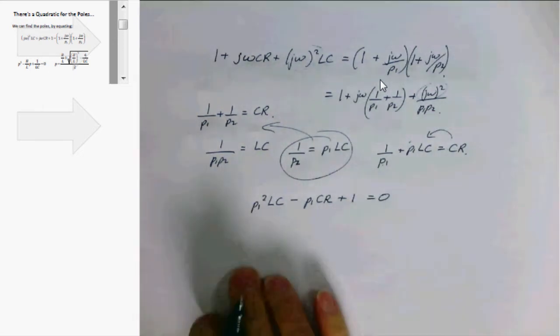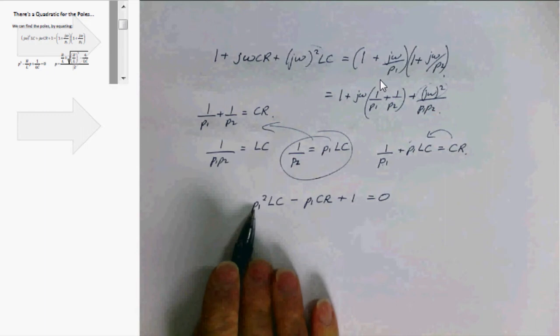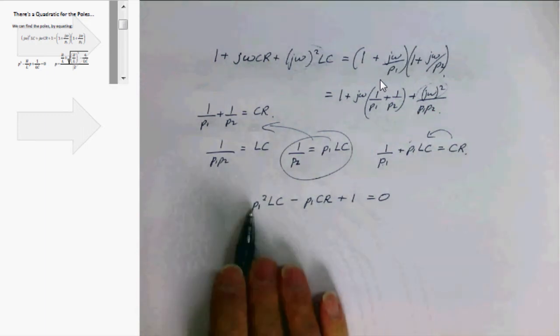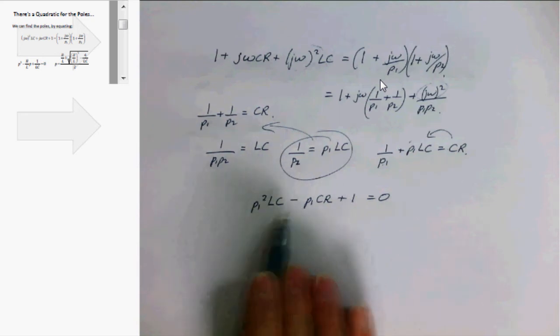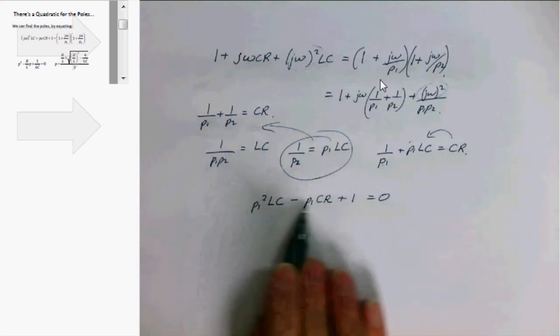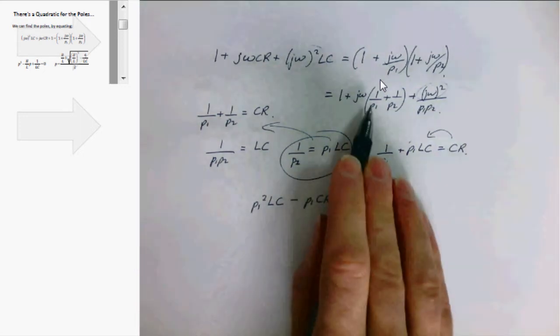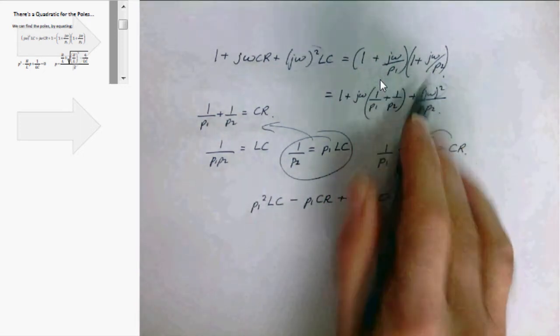That's a quadratic expression in one of the poles. It has two roots, and the two roots that we get out of this quadratic are the two poles that we're interested in up here.